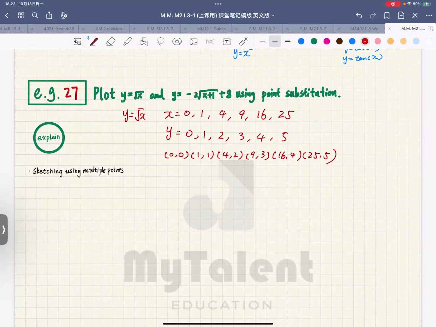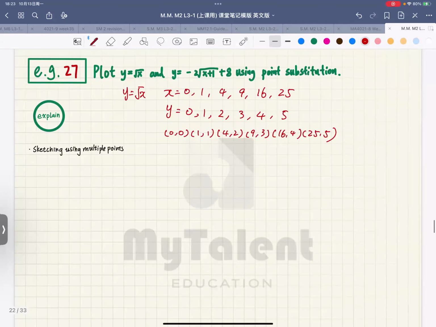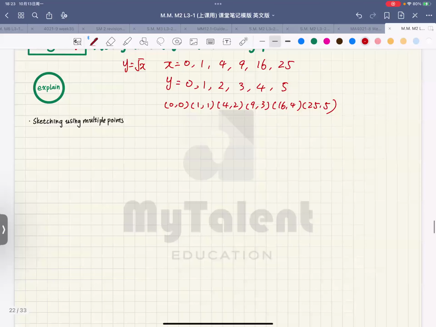Then when we plot the graph, I'm not an artist, so the graph I'm going to draw looks pretty bad, especially on iPad. All right, I'll try my best.